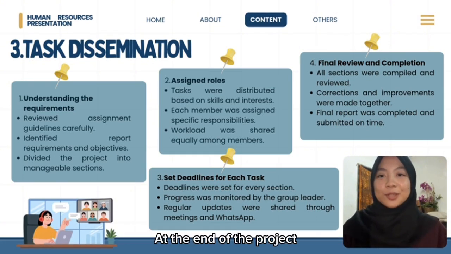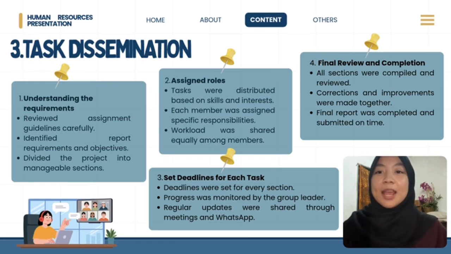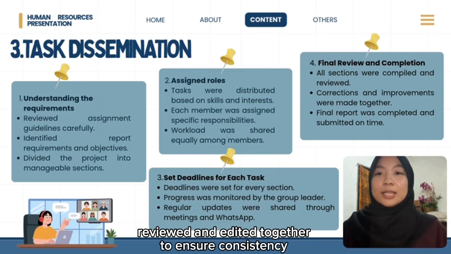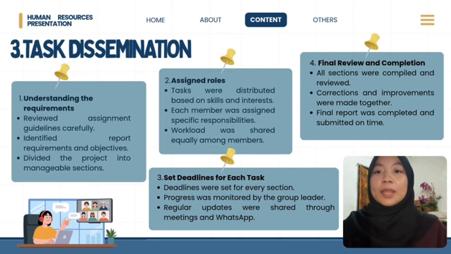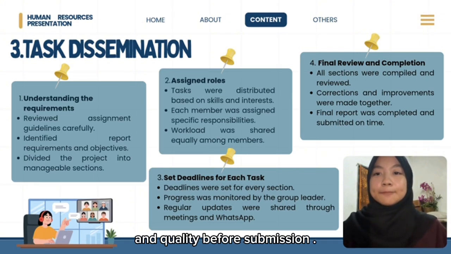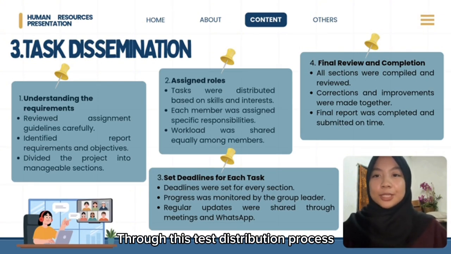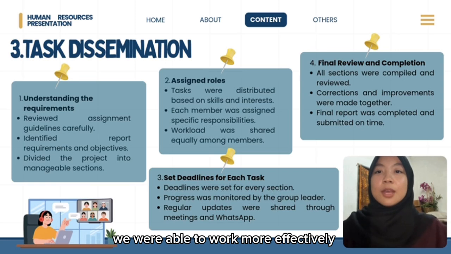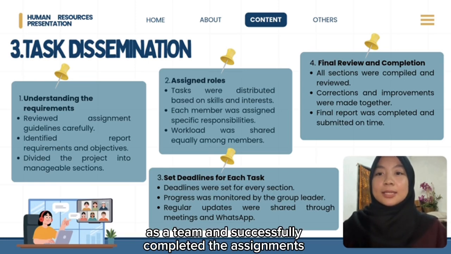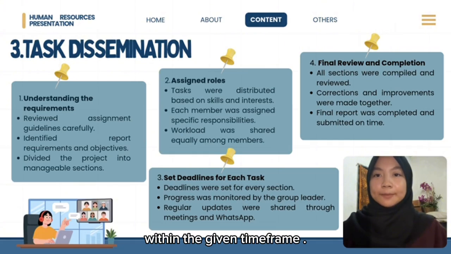At the end of the project, all sections were combined, reviewed, and edited together to ensure consistency and quality before submission. Through this task distribution process, we were able to work more effectively as a team and successfully completed the assignment within the given time frame.